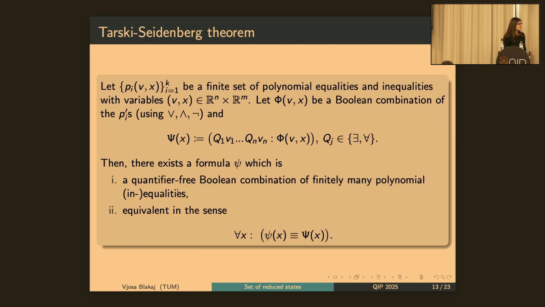As I mentioned before, semi-algebraic sets have many interesting and powerful properties that we need in quantum information theory. And probably the most important one is the Tarski-Seidenberg theorem. I wrote here the simplest version, but I can simplify this further, so we don't need to remember this.